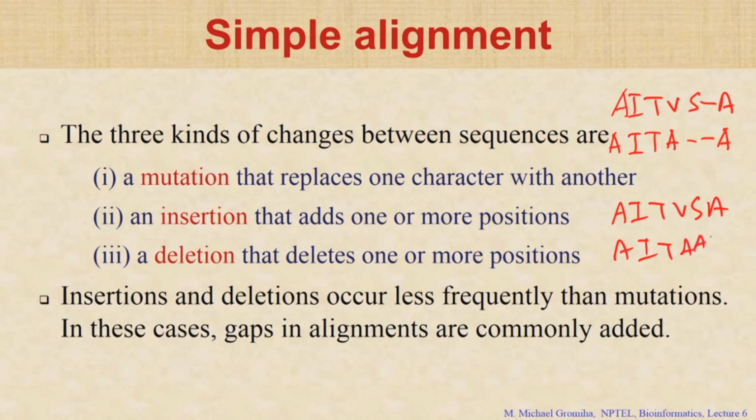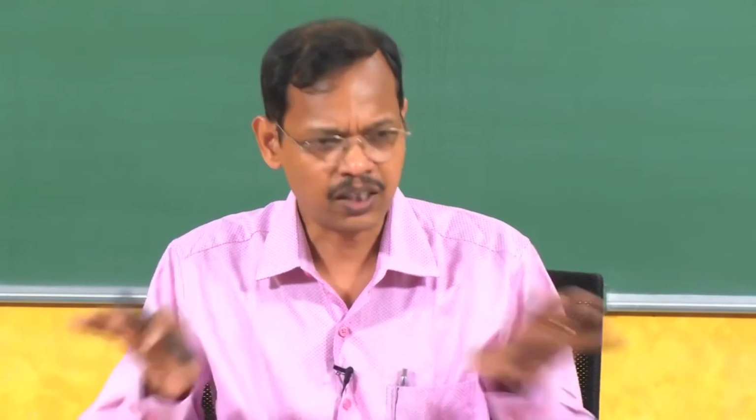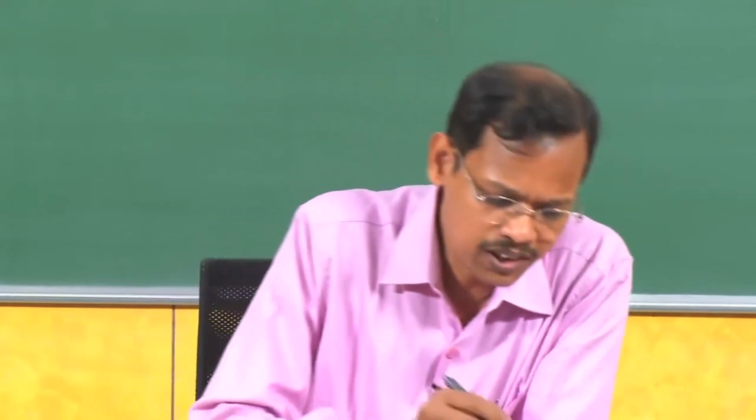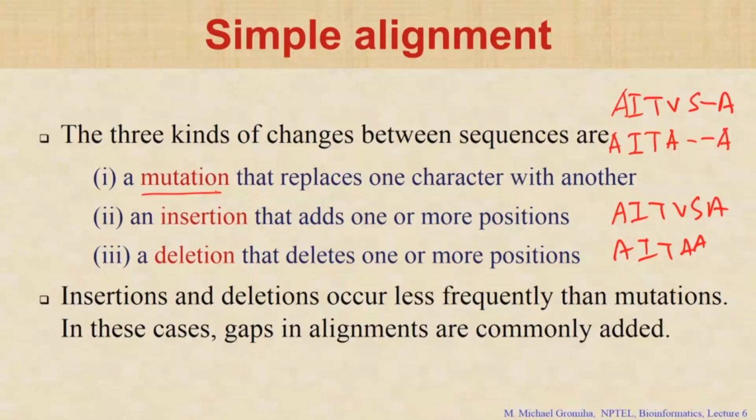So, you can make these two sequences align with each other with different aspects. One is a replacement of characters. For example, if you see here, this valine is changed to alanine, and this type of change is called mutation or substitution. So, if you change or replace one amino acid by another amino acid, that is called mutation.